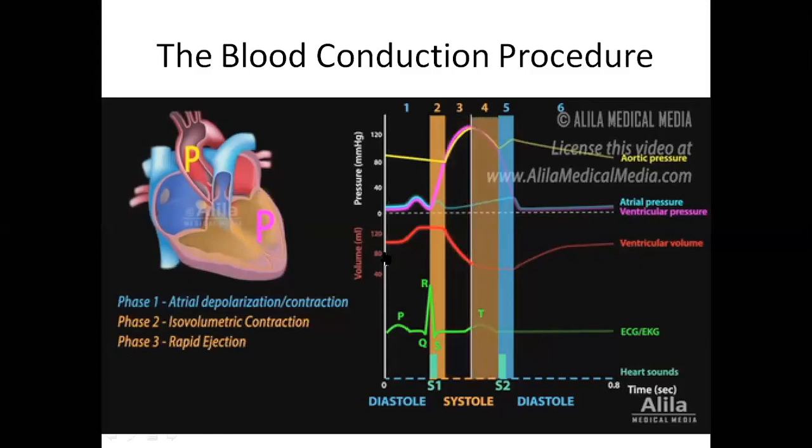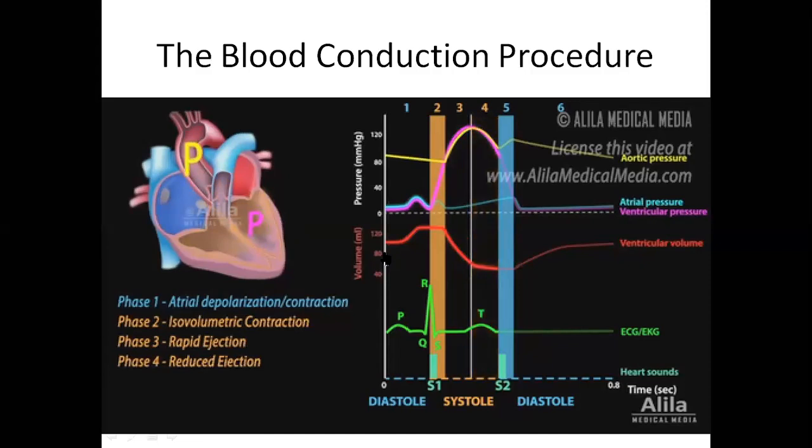As ventricular repolarization, reflected by the T wave, begins, ventricular pressure starts to fall and the force of ejection is reduced. When ventricular pressures drop below aortic and pulmonary pressures, the semilunar valves close, marking the end of systole and beginning of diastole. Closure of semilunar valves produces the second heart sound, S2. The first part of diastole is, again, isovolumetric, as the ventricles relax with all valves closed.